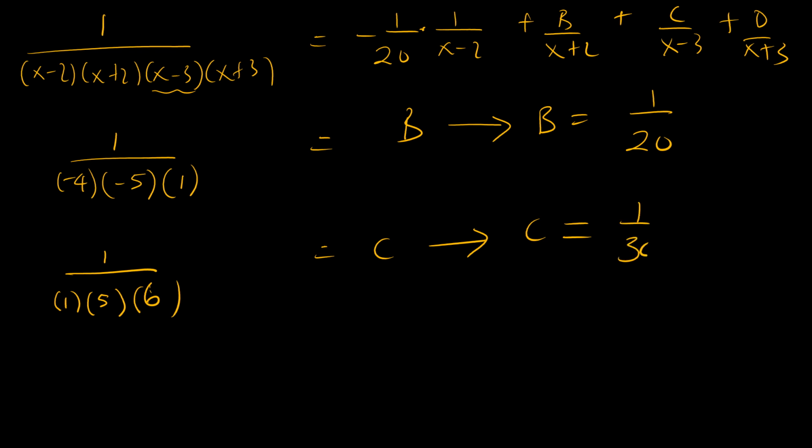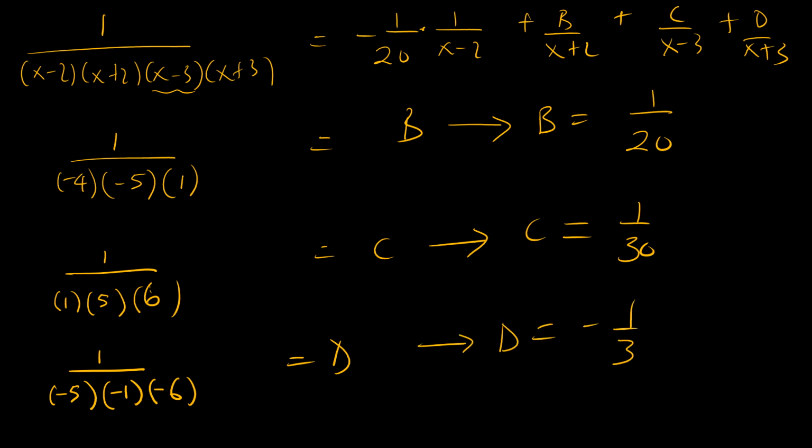That means that c equals 1/30. And then for d, we multiply both sides by x plus 3 and set x equals -3. So we have -5 there, -1, and then -6 equals d, which means that d is equal to -1/30.